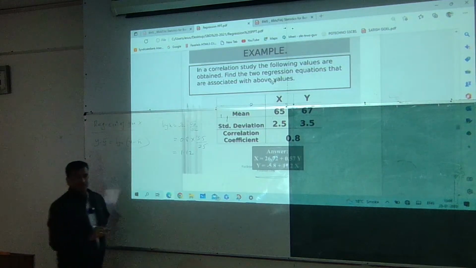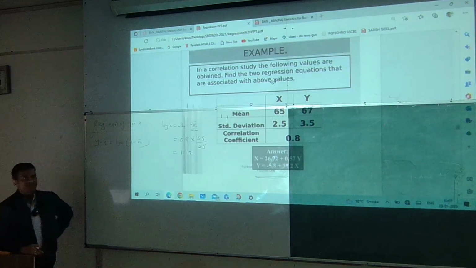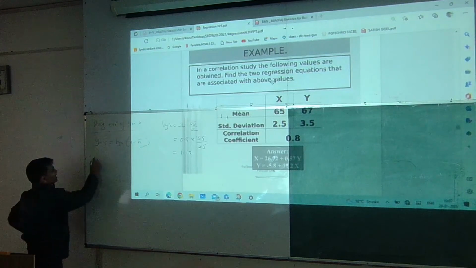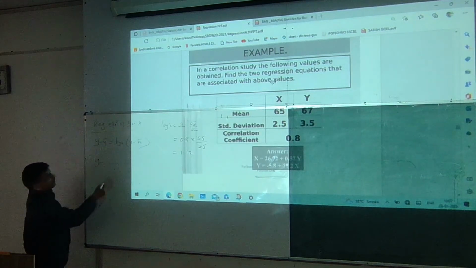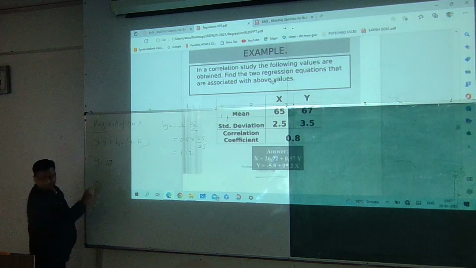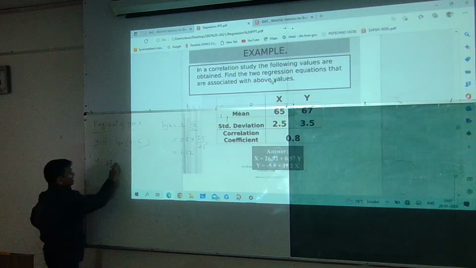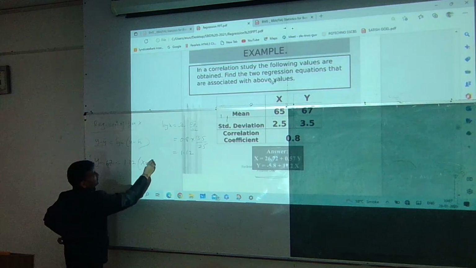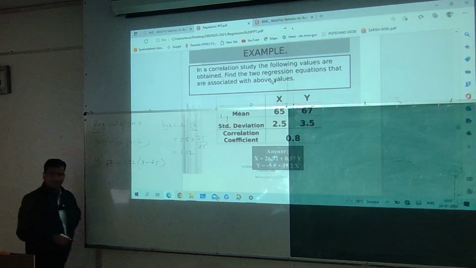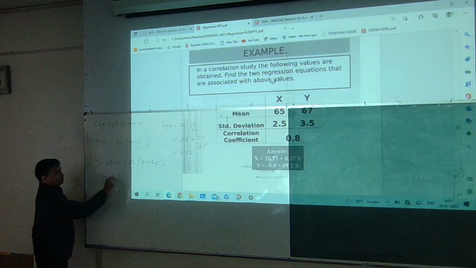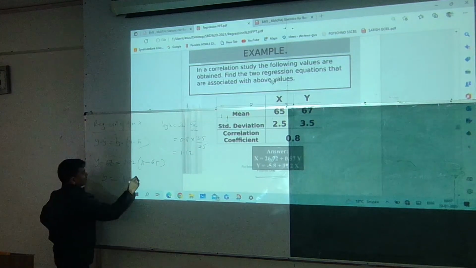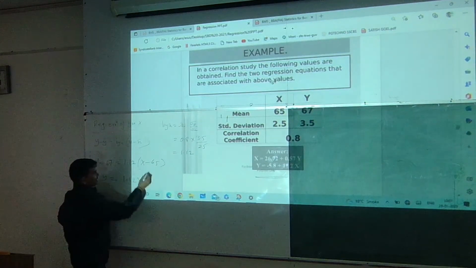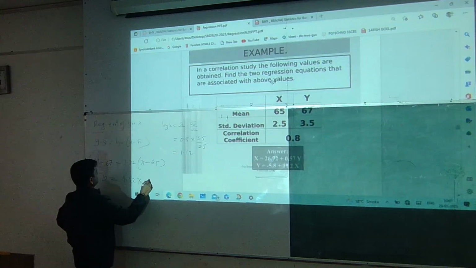Okay, so this is only b_yx. Now put it here. y minus y bar, कितना है हमारा, 67. Okay, equal to this 1.12 into (x minus x bar), कितना है मेरा, 65. So the equation would be y equal to 1.12 x, and this would be minus 65 into 1.12.